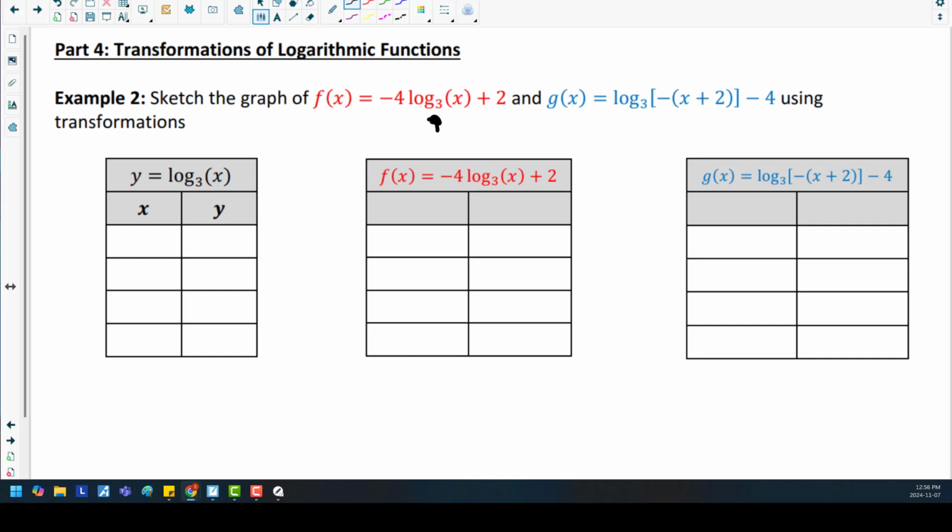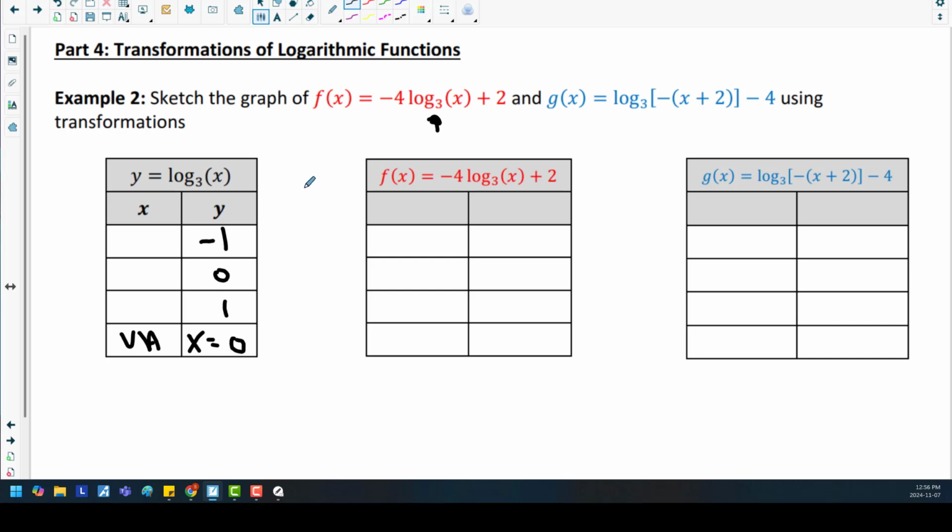And what are some values that we can use when it comes to this? Well, remember, vertical asymptote is something that we need to know, and that is just your d value. And remember, the equation for a vertical line is written as x equals, that's x equals 0. And we're just going to pick negative 1, 0, and 1 for our base values.